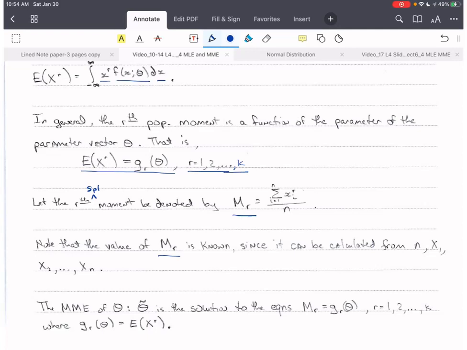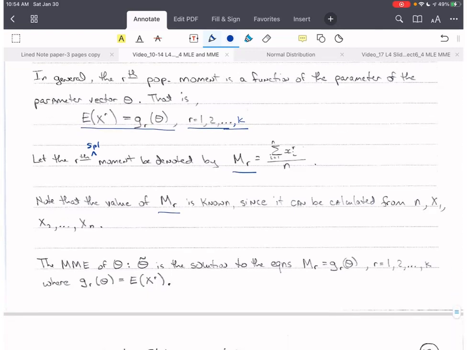So the MME of theta is theta tilde, the solutions to the equations m sub r equals g sub r of theta, r equals 1 to k, where g sub r of theta is the expected value of X to the r.